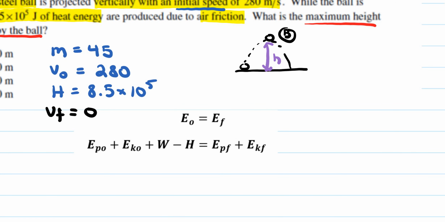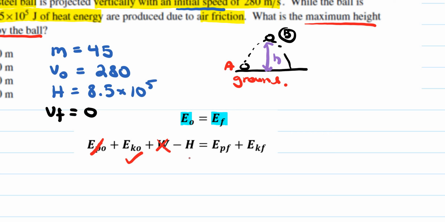All right, so once again, using the work energy theorem concept, we know that energy is conserved, meaning that the energy at the beginning is equal to the energy at the very end. Now when we're at the beginning at position A, the ball is on the ground, so you have to be very careful with this one. There's not going to be any potential energy at the beginning. However, we do have some kinetic energy. The question doesn't say anything about work, so we can get rid of that.